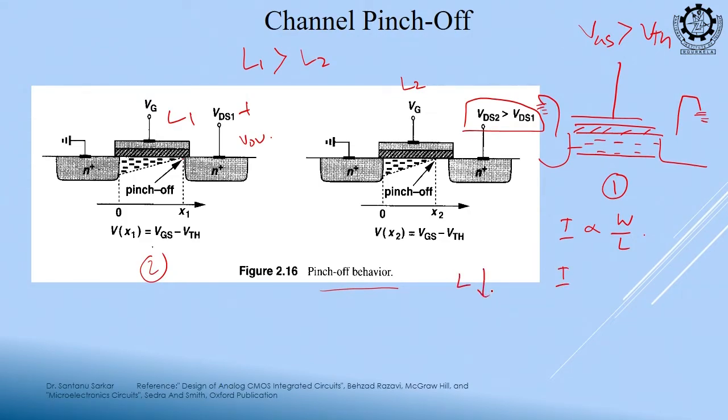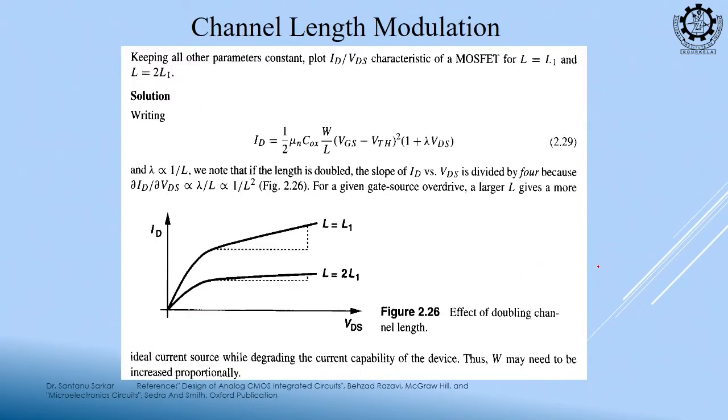It will increase. That is why, as my VDS is increased, as if the channel length is decreasing, and so my current will increase. That is why it is not flat, it actually slowly increases.